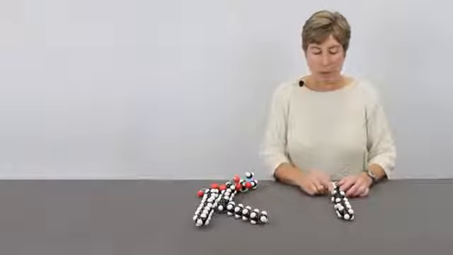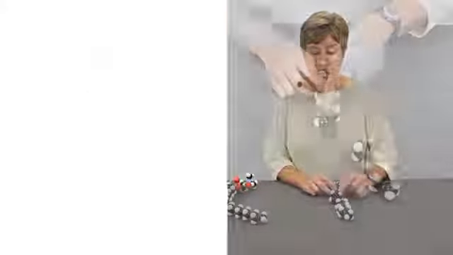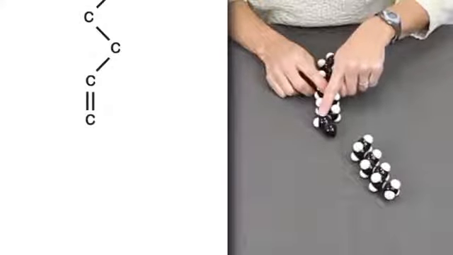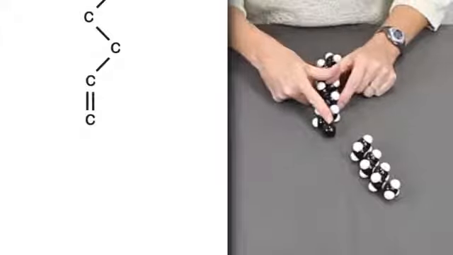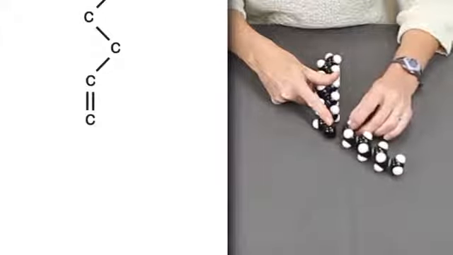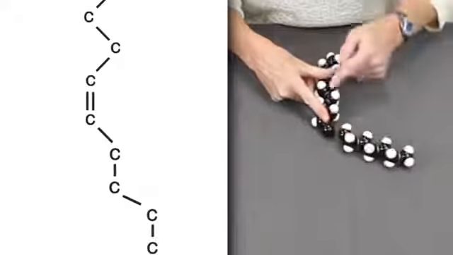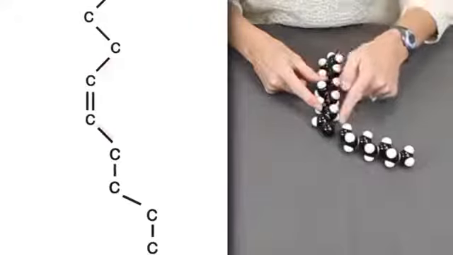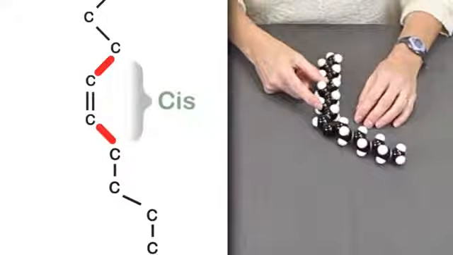When a double bond exists in a hydrocarbon chain like this, the next carbon can bind in one of 2 places on this carbon. If the next carbon comes in and binds in this position, it's on the same side of this double bond, and that is called the cis configuration.